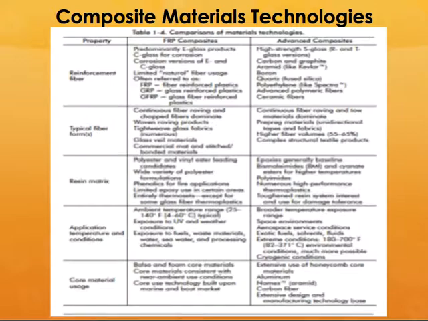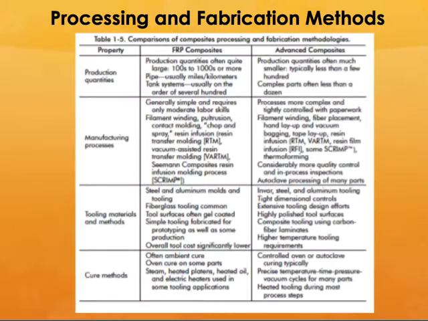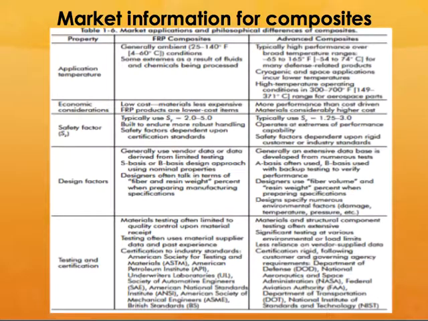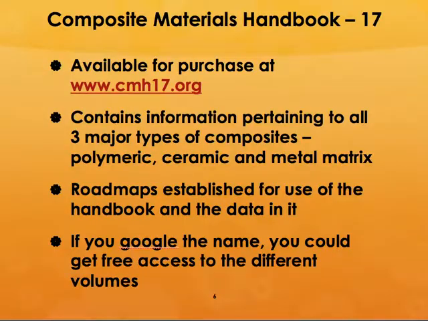So you can just take a look at that, and it will give you the different kinds of processing and fabrication methods. This is quite a bit of information, but it tells you everything about the different kinds of composite systems, including what kind of economic considerations are required from a market perspective. So it should tell you all that.